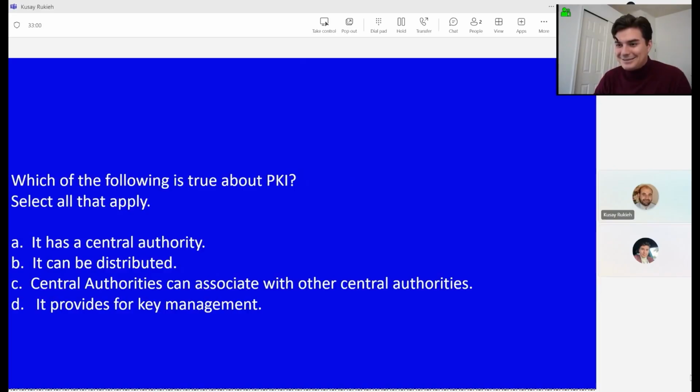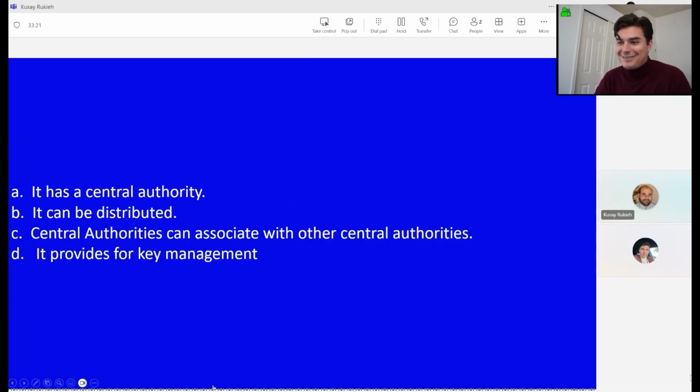Exactly. So A, B, and D? And then GoDaddy and Entrust or VeriSign, they can talk to each other, right? To exchange information about the status of different certificates. Yes, they can. So it's A, B, C, and D? That's correct. All the above. Okay. That's why I told you it's a trick one.